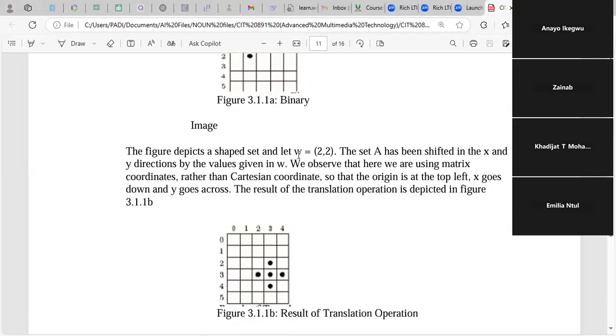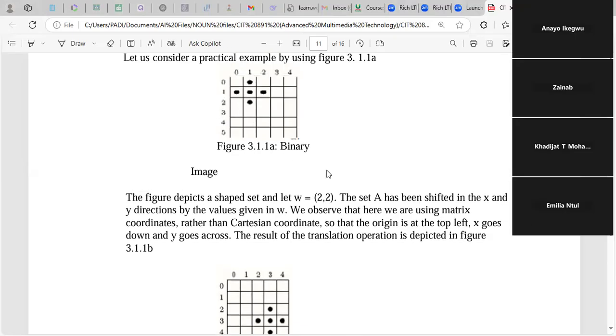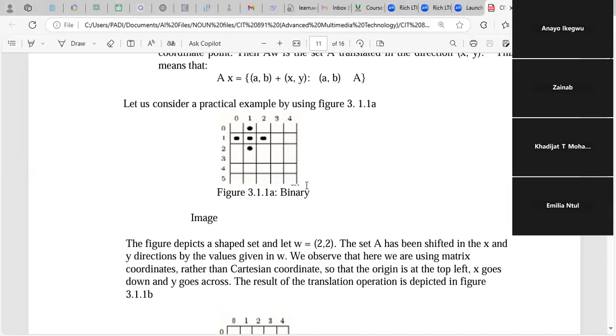The shape set is W, which is represented as what? 2, 1, 2, 2, that is 2 and 2. If you look at the intersection of 2, it should be somewhere here.